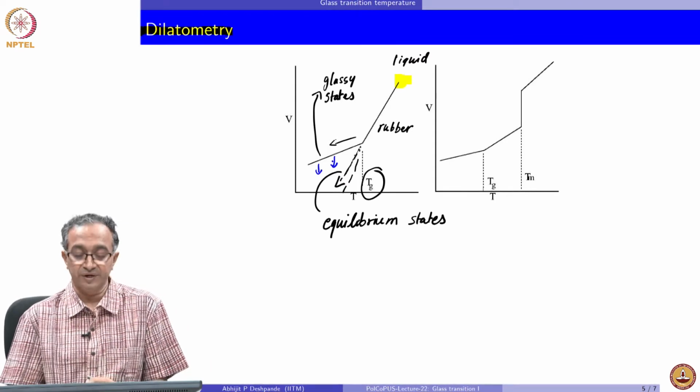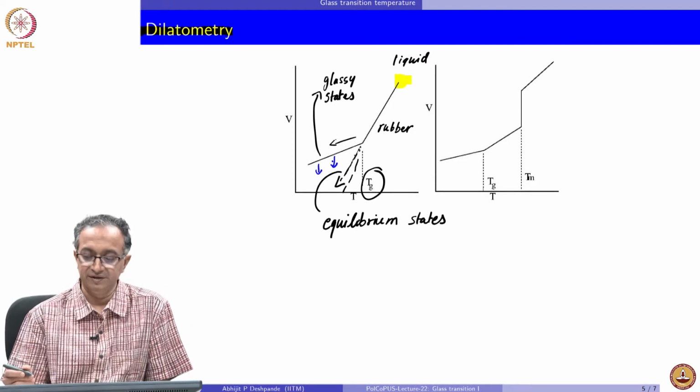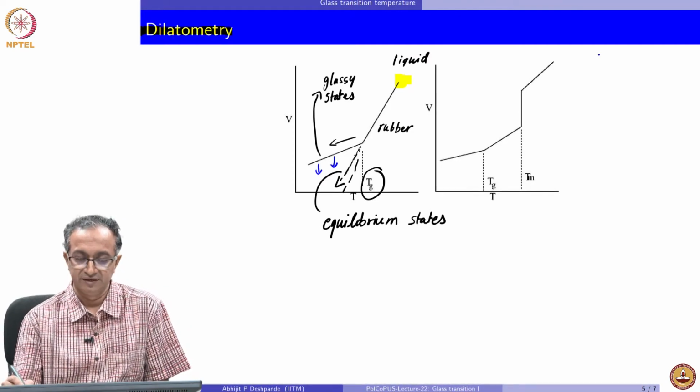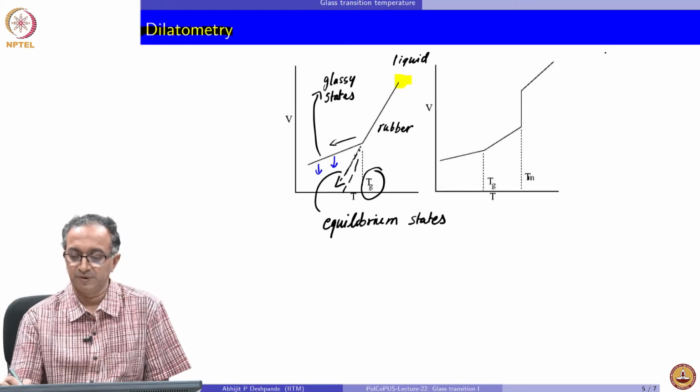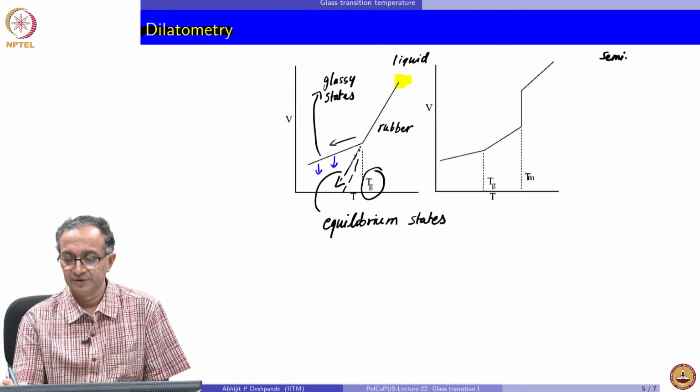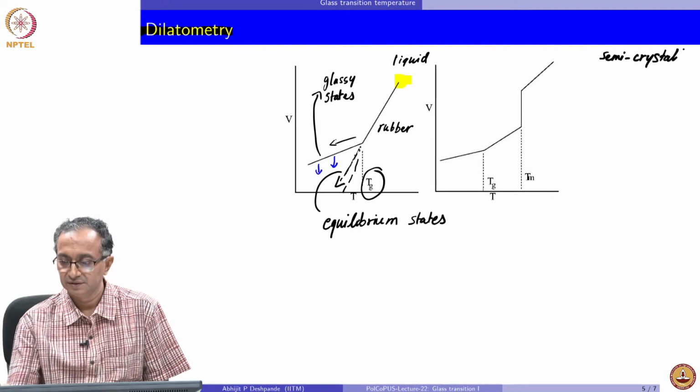Now, if we look at the same kind of behavior for a semi-crystalline material, we know that many of the polymers will have some amount of crystallinity.